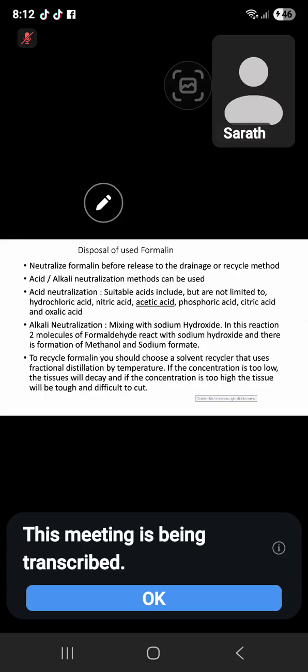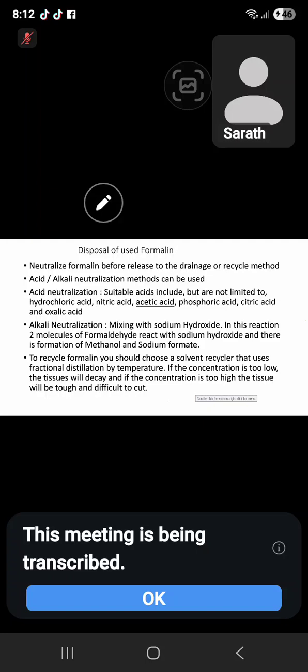Two molecules of formaldehyde react with one sodium hydroxide molecule according to the Cannizzaro reaction. Have you heard of the Cannizzaro reaction? Formaldehyde and sodium hydroxide give methanol and sodium formate, and you can release methanol and sodium formate to the drainage. So there are two methods: acid neutralization and alkali neutralization.